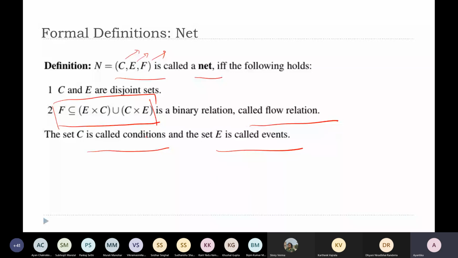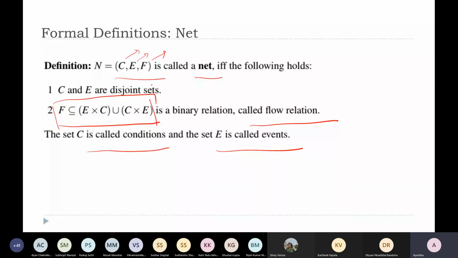That means when you are considering some pair of event and conditions and some condition and events, and that union that will define the actual relation, and that is called the flow relation. So when we are talking about Petri, Petri is by the name of the proposer and the net. When basically we are dealing with a net. Now this net consists of these main things.